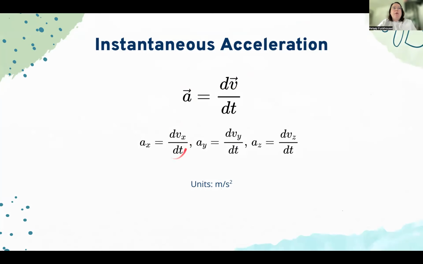And then each component of the vector is just the velocity in that component, so in the x direction, the derivative of the velocity in the x direction over time. And the units of this are meters per second squared. That's just because we divided velocity by time another time, so that gives us 2 units of seconds in the denominator.